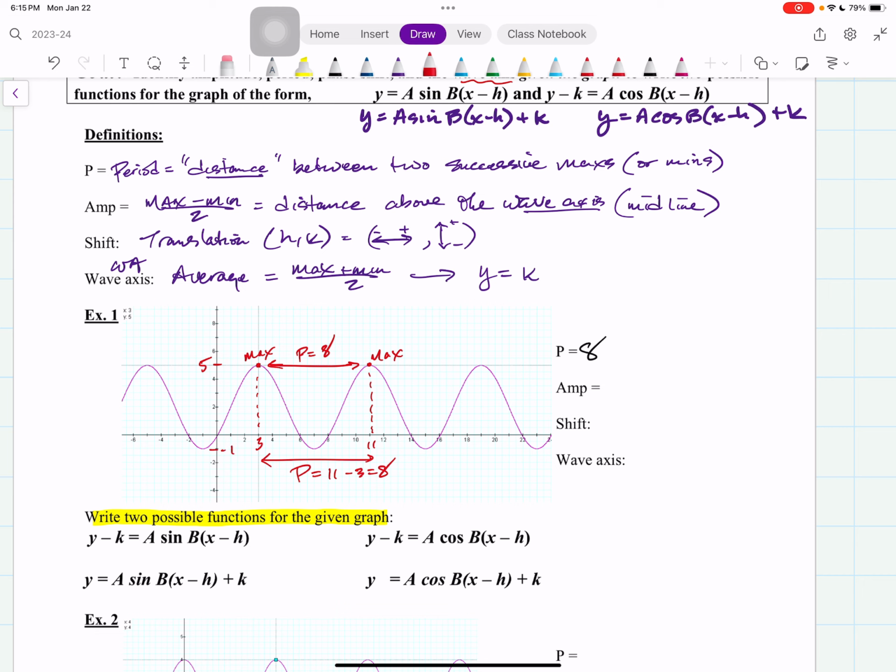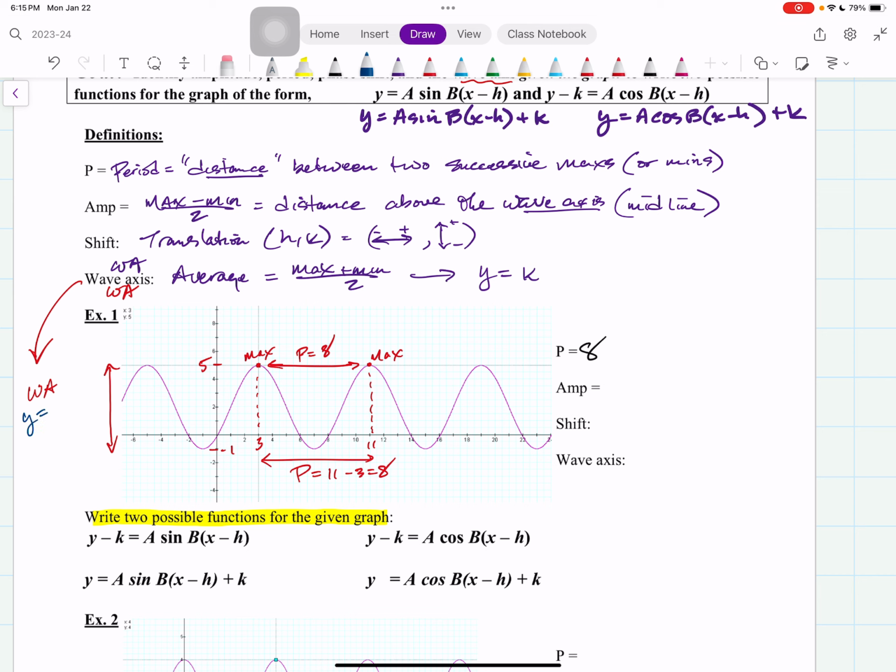You have to find the distance between those two, but that's just the distance, not the amplitude or anything like that. We've got to get the wave axis, and the wave axis is the max plus the min divided by 2. So in this case, the wave axis, WA, you take 5 and add it to -1 and divide that by 2. So here we go.